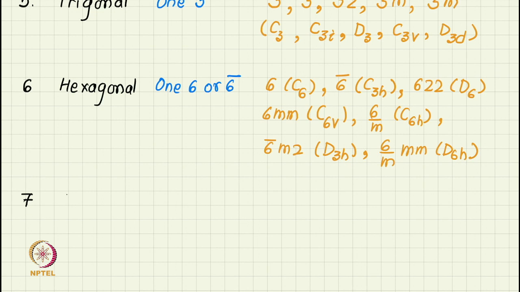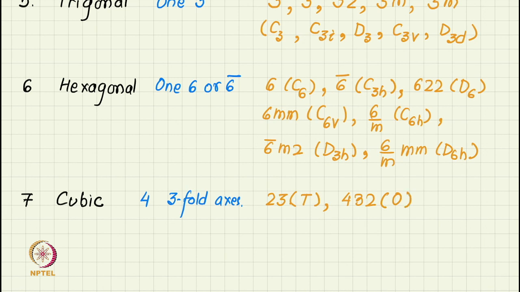And finally, the cubic point groups. The characteristic symmetry is 4 three-fold axes, and we have seen that there are 5 point groups which qualify, which have this property of having 4 three-fold axes, and they are 23, the rotation group of the tetrahedron, 432, the rotation group of the cube, which is also the rotation group of an octahedron, so Schoenflies uses O for its notation.